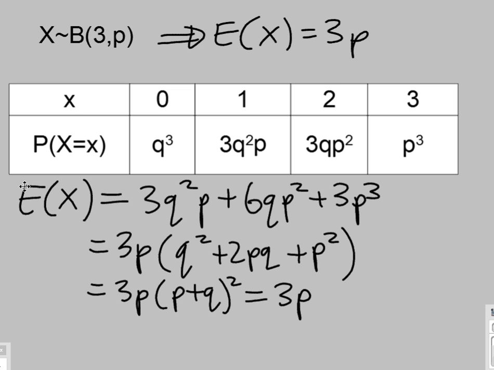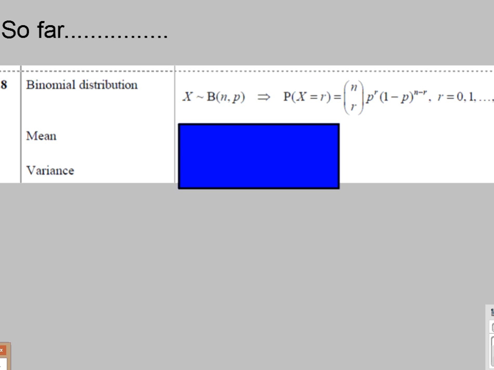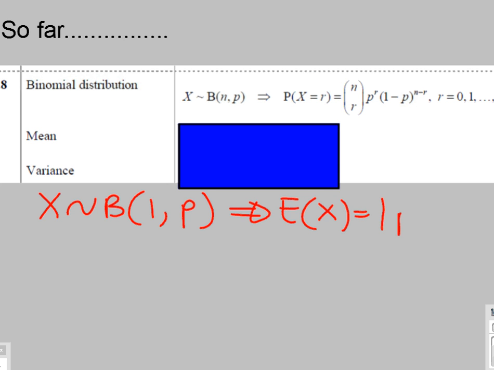Fun. Okay, so we can see if x is distributed binomially with trials 1, we get expected value of x is 1p. If it was 2, it's 2p. If it was 3, it's 3p.